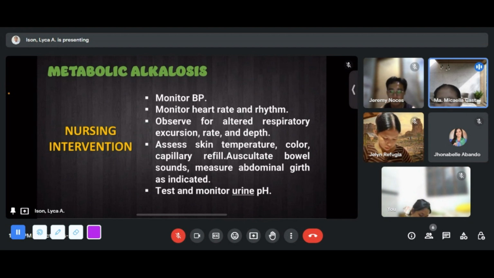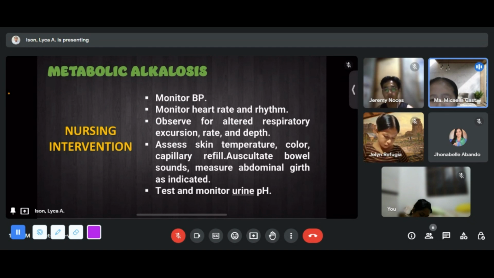So, sa nursing intervention, ang hindi nawawala ay monitor BP, monitor heart rate and rhythm. Observe for altered respiration rate, effort, and depth.